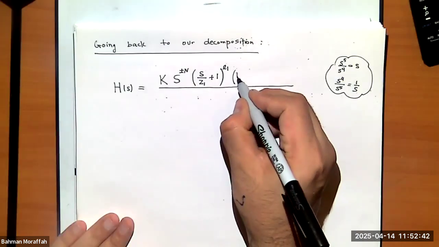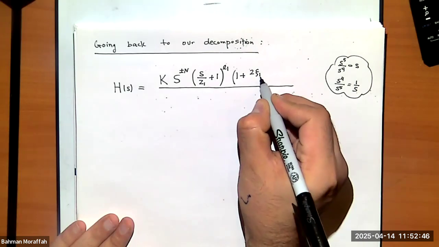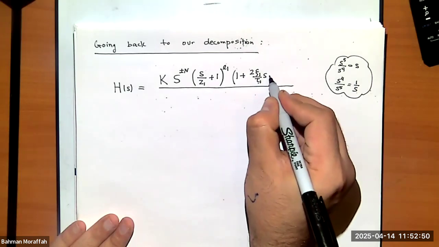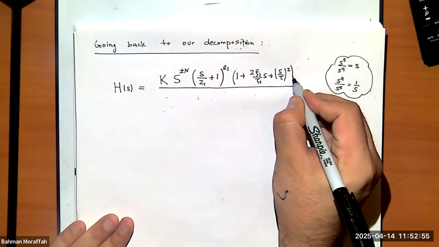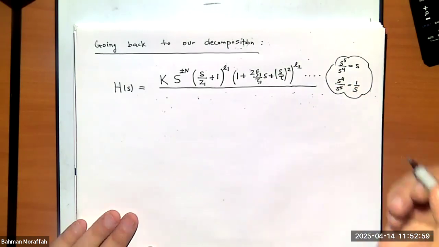I can also write it in terms of 2 zeta 1 tau 1 s plus s over tau 1 squared, to some power of l2, and so on and so forth.